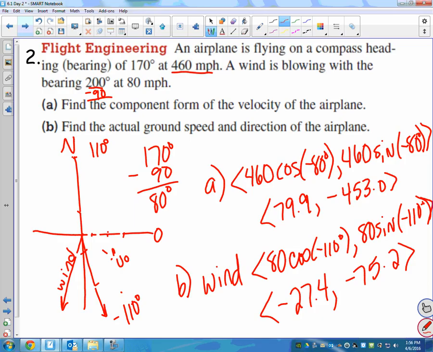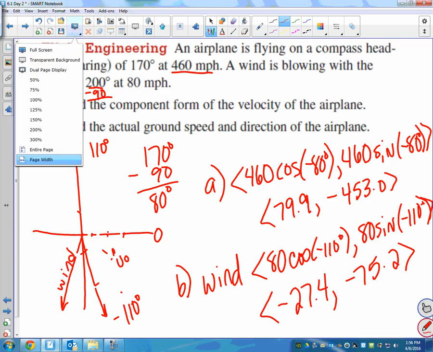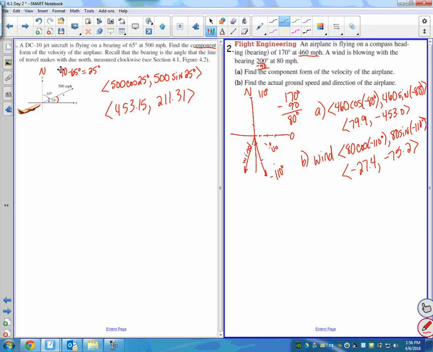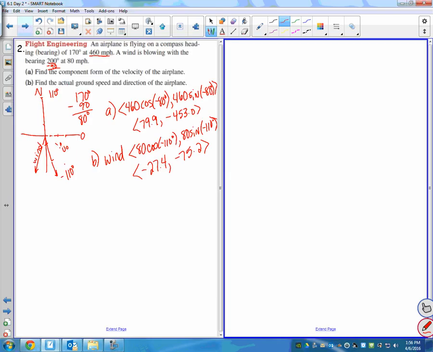To find the actual ground speed and the magnitude, we have to find the new vector that results when I take into consideration the airplane with the wind. So I'm going to add the airplane vector plus the wind vector.